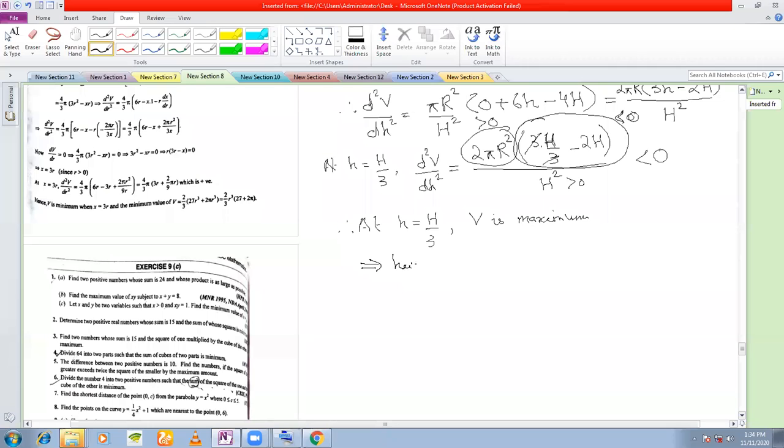That means small h, the height of the cylinder, is equal to 1/3 the height of the cone when V is maximum. That's it. You have shown that the height of the cylinder is 1/3 the height of the cone. That's it. We stop here for today.